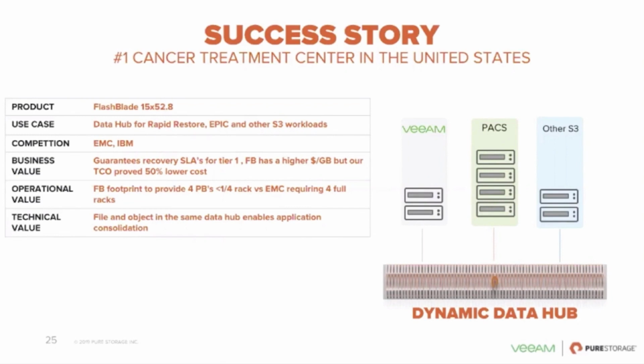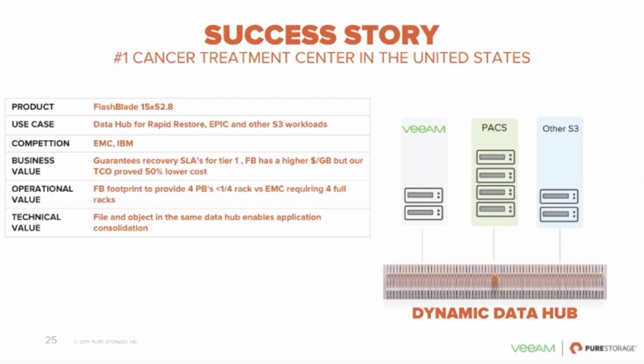And I think what's important here is if you look at the business value and the technical value, the business value, yeah, we were a higher cost per gigabyte. There's no getting away with this. I'm not going to sit here and tell you we're the cheapest deal in town. We're not. But what's important here is we guaranteed an SLA recovery. We guaranteed that. So that's what really differentiated us here.